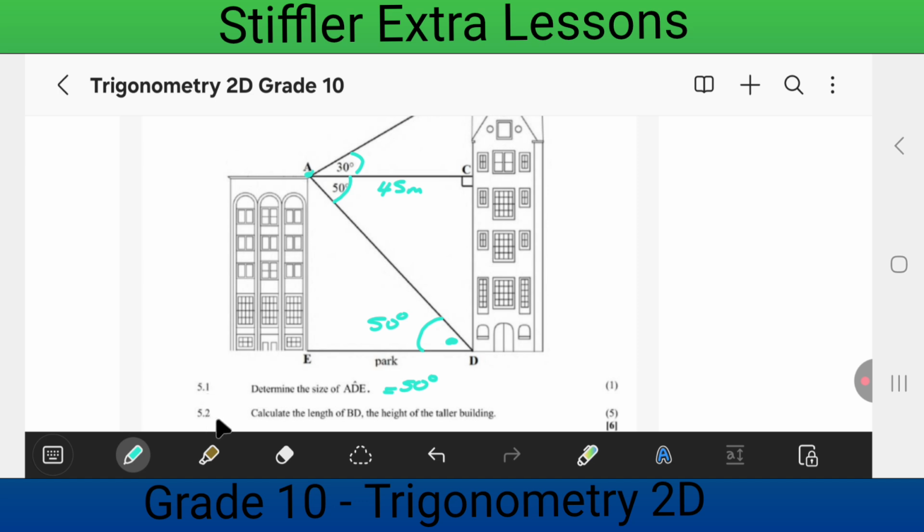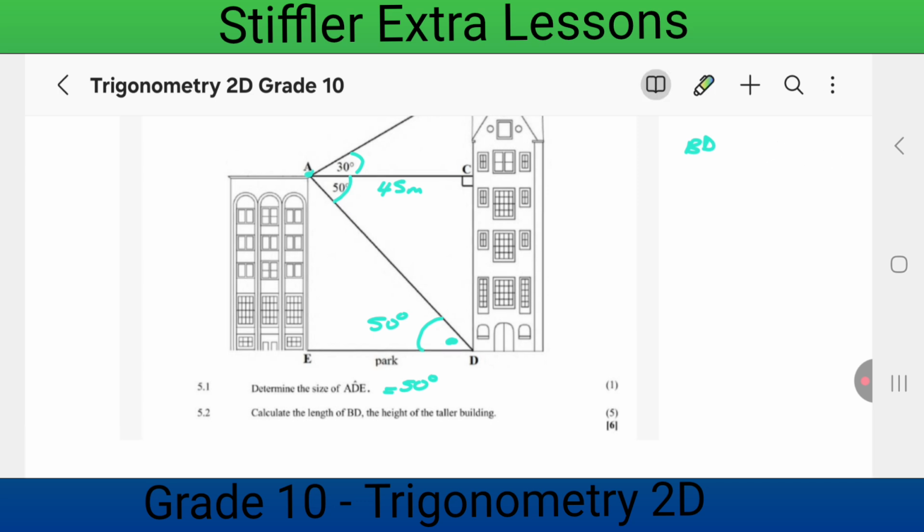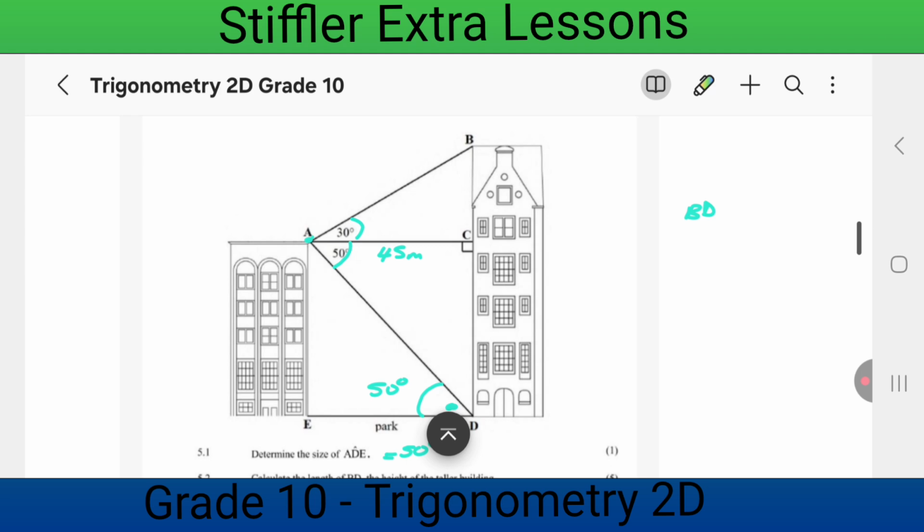Now they said calculate the length of BD, the height of the taller building. Let's take a look at our building.